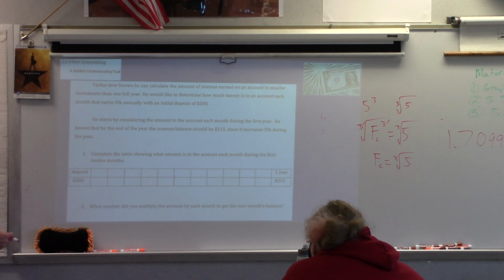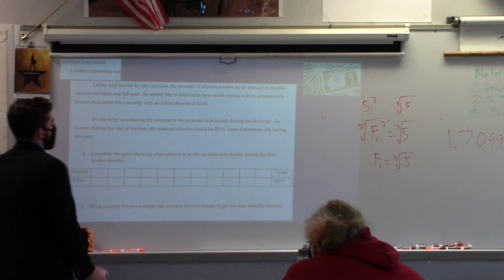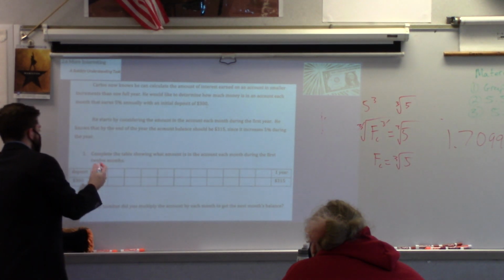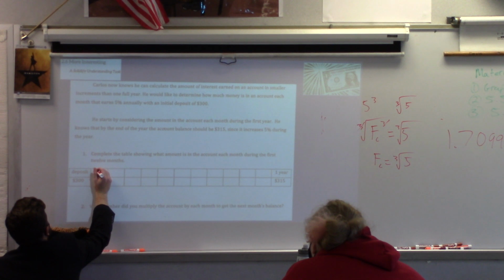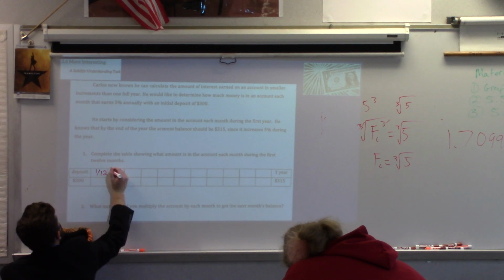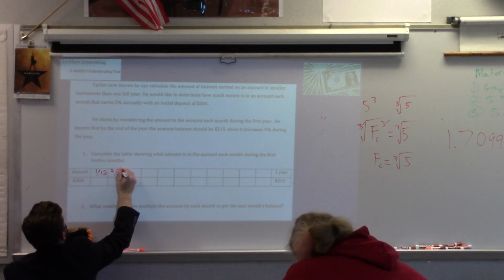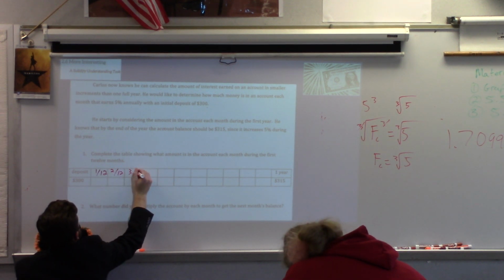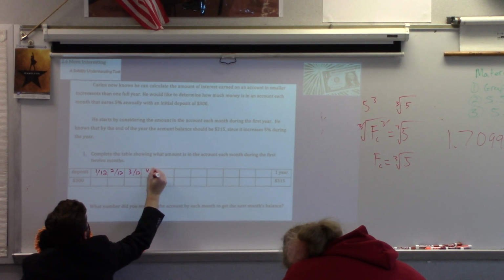If we're looking at how much money you have monthly, what should these input values be? 1 through 12. So at 1 year, you're at 12 months, right? I want to emphasize that while this is month 1, we're going to say that this is 1 month out of 12 months, 2 months out of 12 months, and so on and so forth.